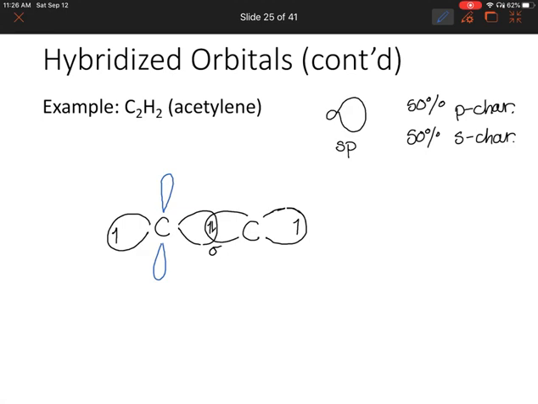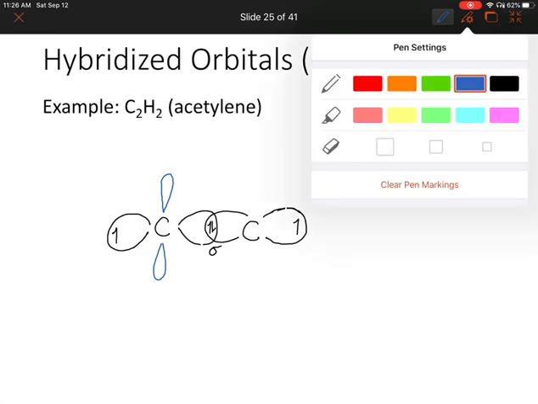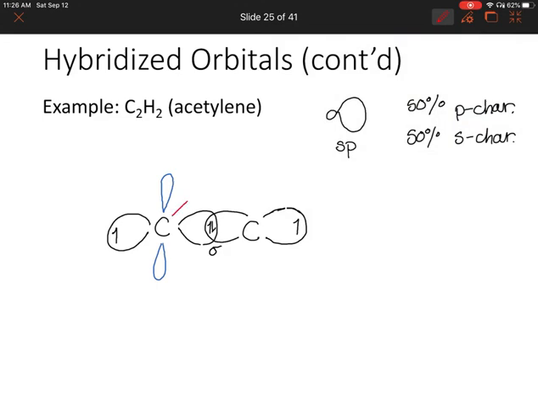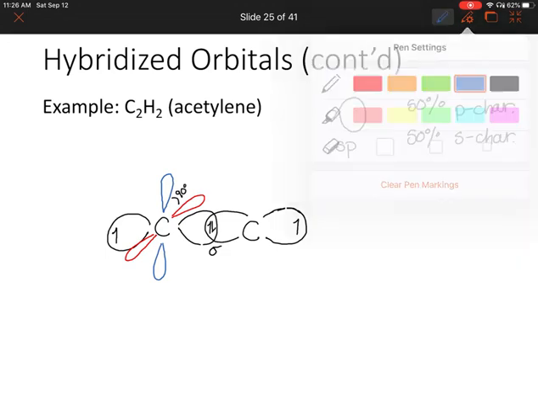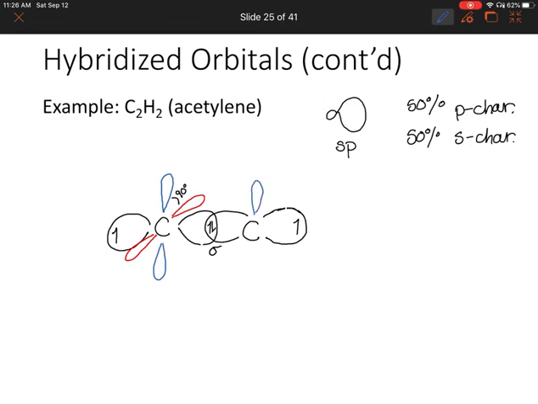So one will face up and down, and then the other will be 90 degrees from that. So it's going to come out and back. So I'll just make that clear here, 90 degrees. All right, and that's going to be true for each carbon.